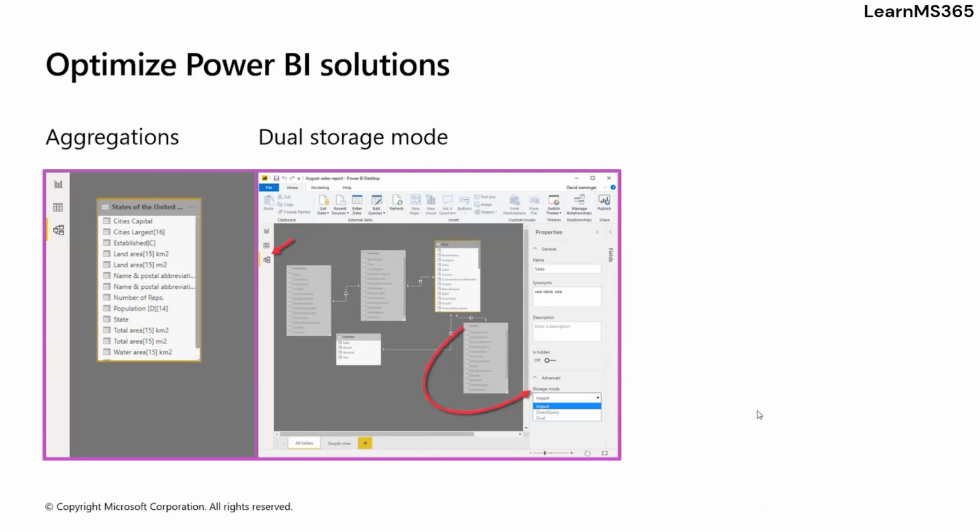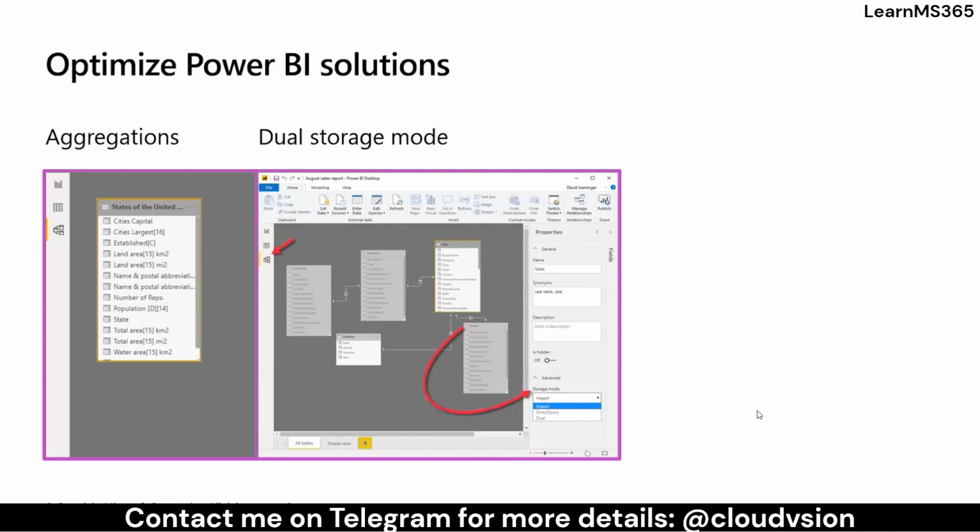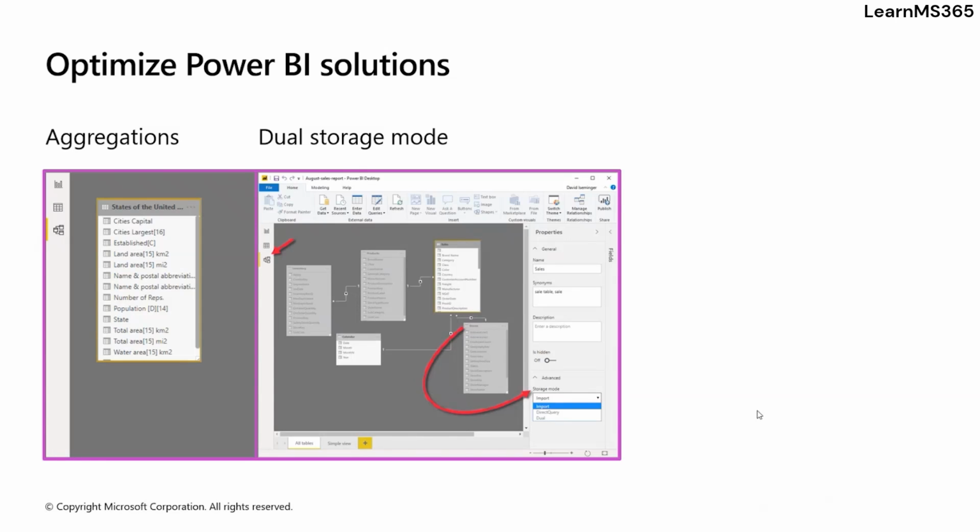In other cases, you fulfill queries by executing an on-demand query to the data source. Changing the storage mode of a table to import is an irreversible operation. Once set, this property can't later be changed to either direct query or dual. So we have to be very careful while selecting the storage mode.